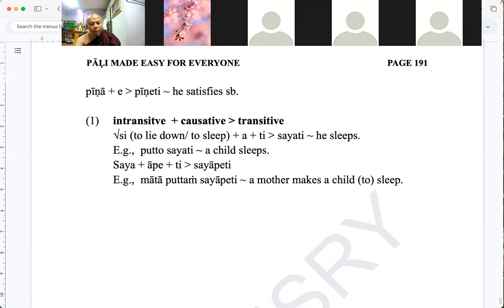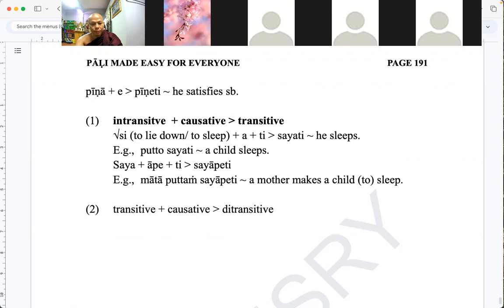Now another piece of information. A transitive, by adding the causative, becomes ditransitive, with two objects.